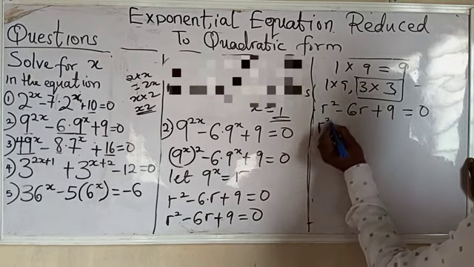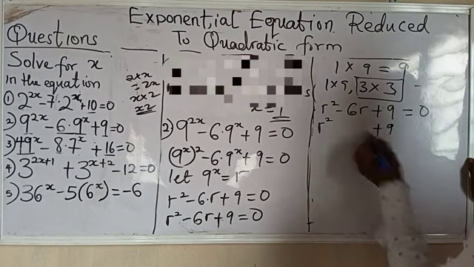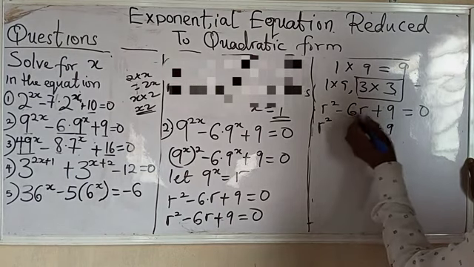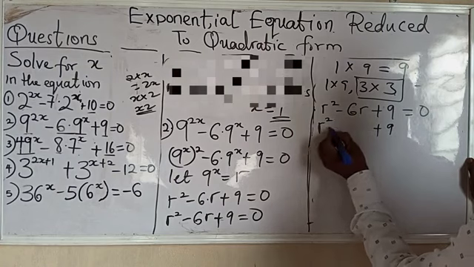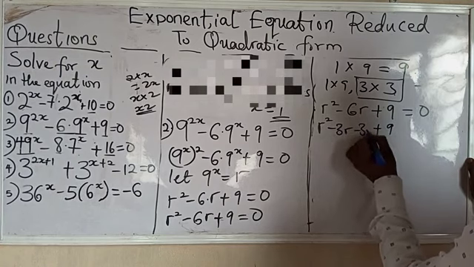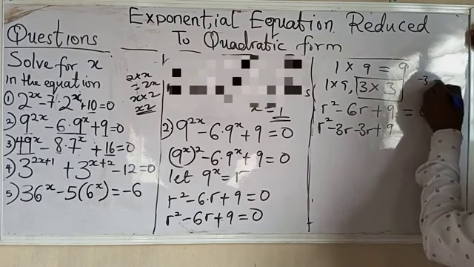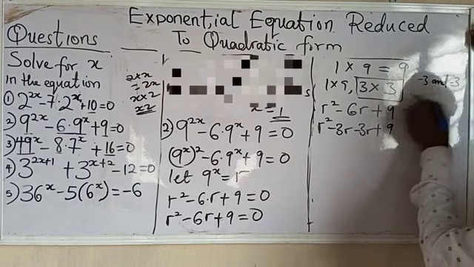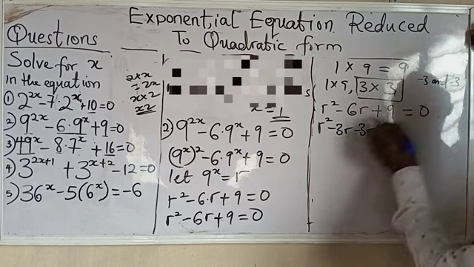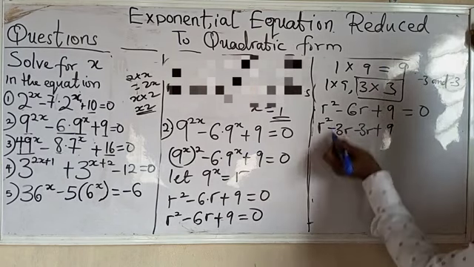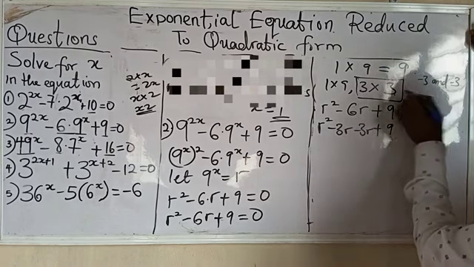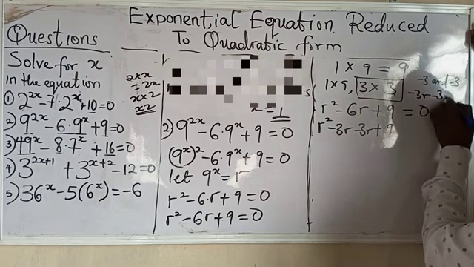So r squared, this is 9. So what am I going to do here? Instead of writing minus 6r, I'll write minus 3r minus 3r. Please let's not forget that we found minus 3 and minus 3, meaning that if I want to put them into this equation, then I'm going to put minus 3r minus 3r.